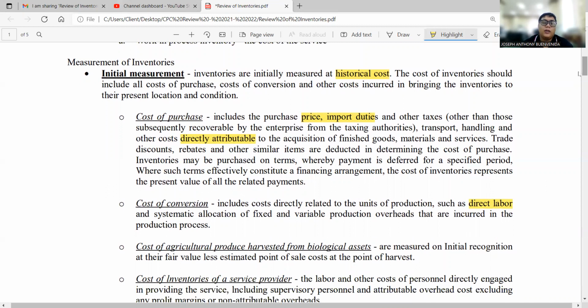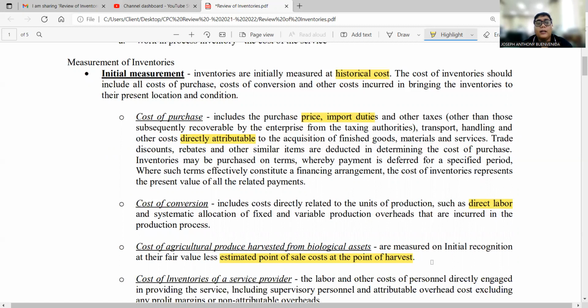Next, the cost of agricultural produce harvested from biological assets is measured on initial recognition at fair value less estimated costs to sell at the point of harvest. In agricultural produce, there is also a record in the accounting of biological assets. When do we recognize inventories from biological assets?